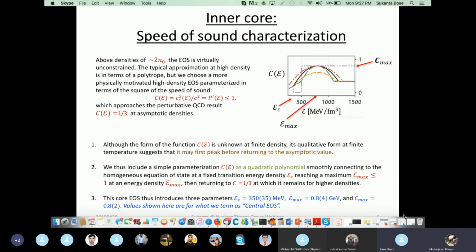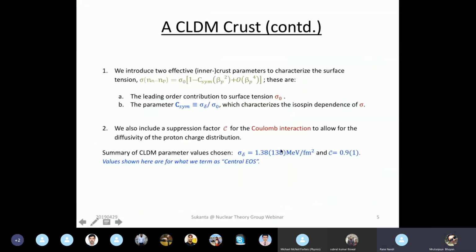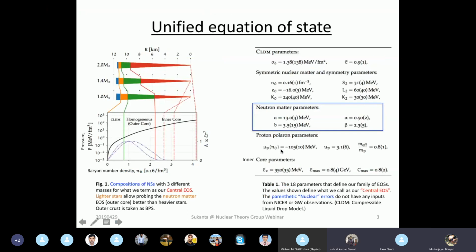Yeah, please go ahead. Okay, this is Bhuya. So my question is a continuation of that question. How do you distinguish the crust being divided into two parts, inner crust and outer crust? According to the density, or do you have some parameter to distinguish the two parts of the crust?